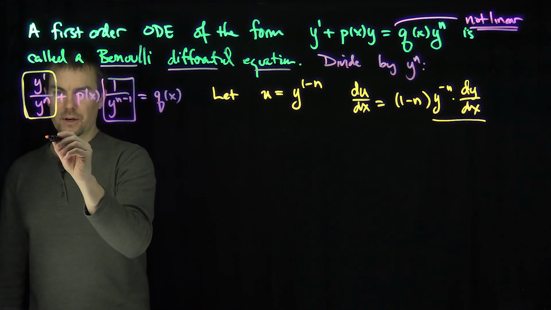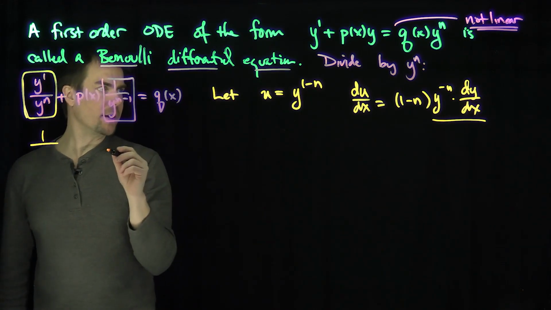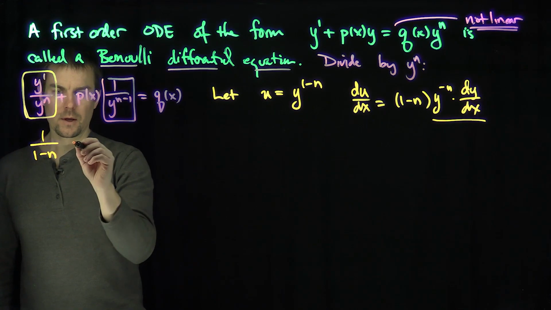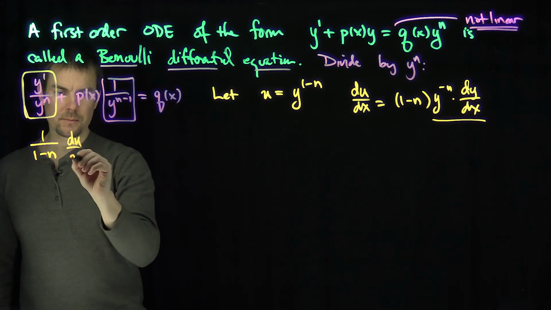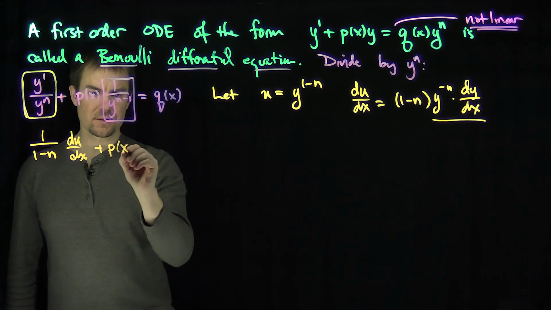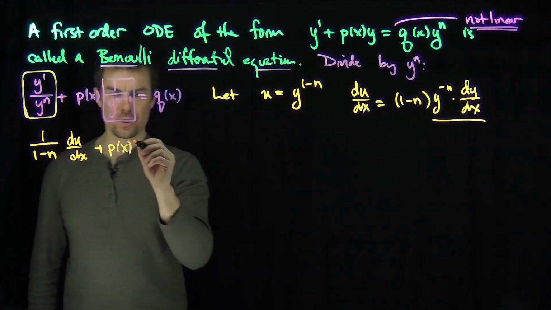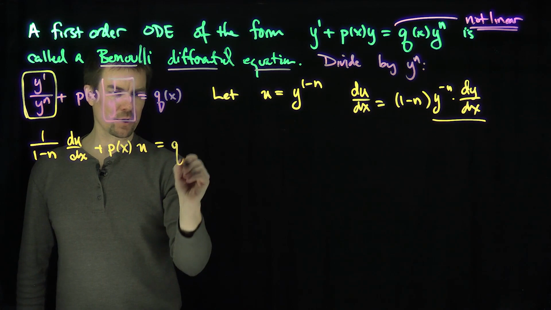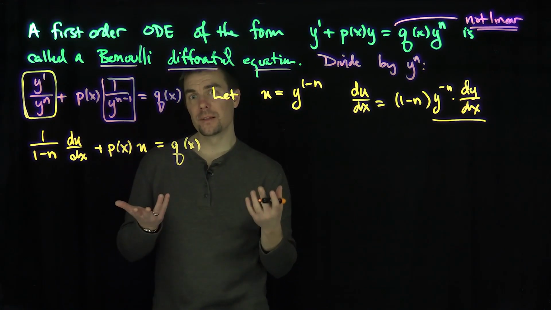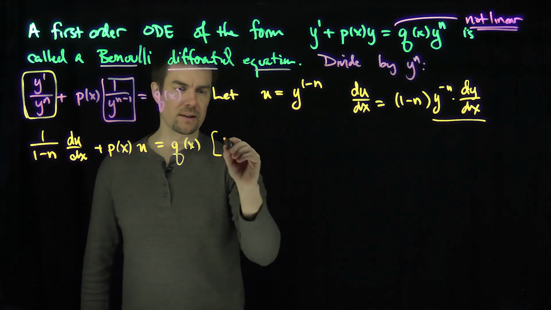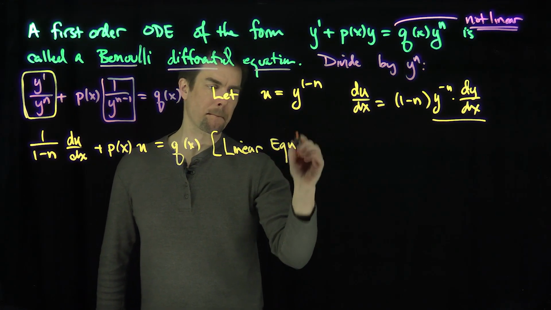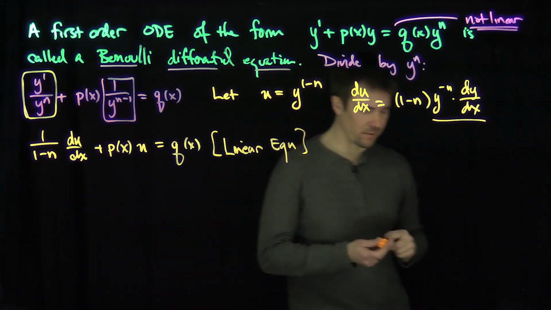So I can replace this with 1 over 1 minus n times du dx plus p of x, and then this is exactly my u, is equal to q of x. And now I've taken the problem and transformed it into a linear problem. So this is a linear equation, and we know how to solve linear equations. It's a linear ODE.